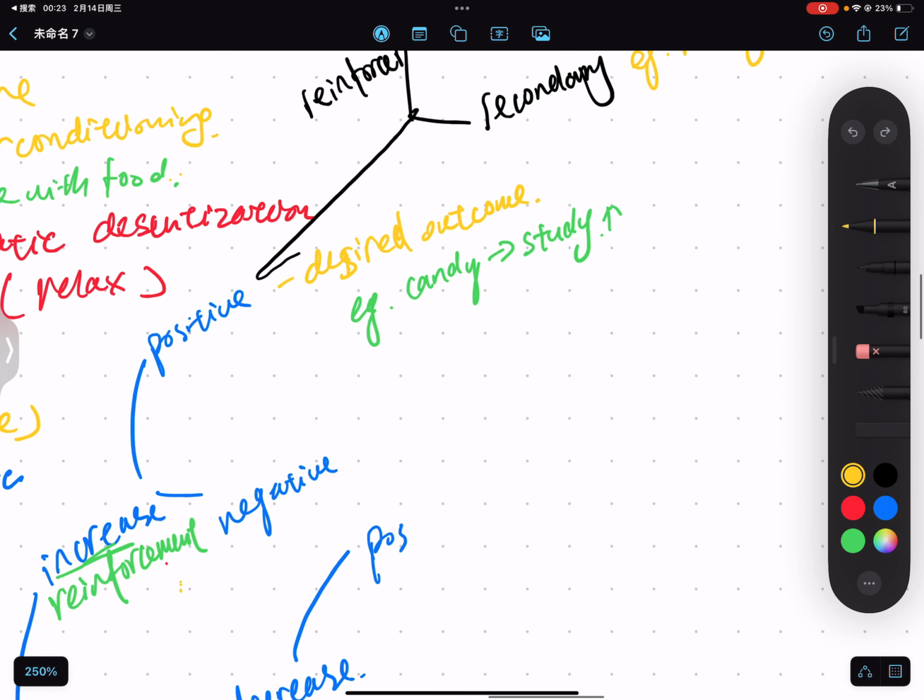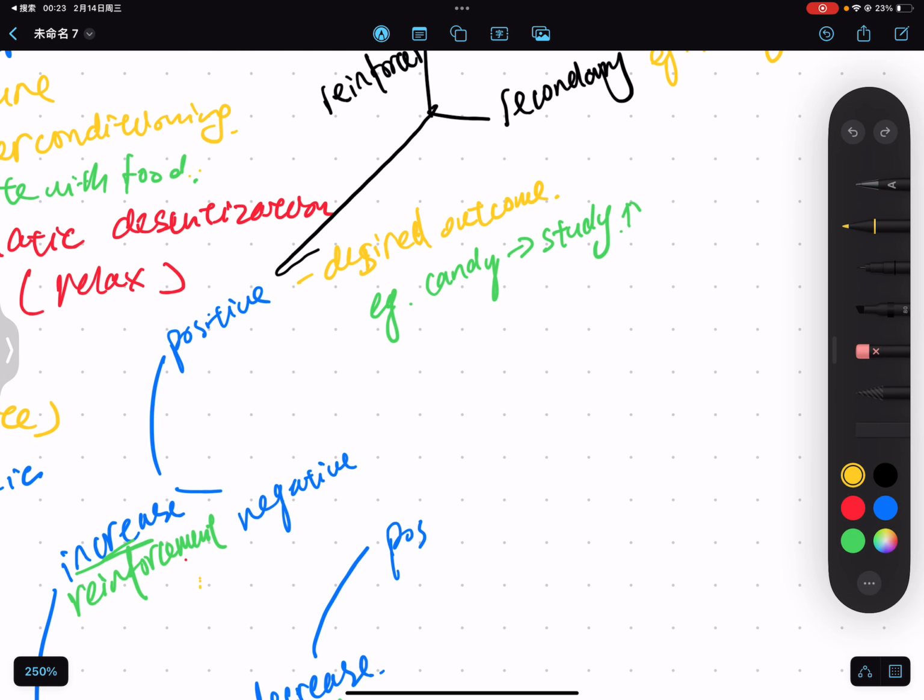Now let's talk about negative reinforcement. Negative reinforcement is a way to increase behavior in order to avoid or escape something unpleasant.